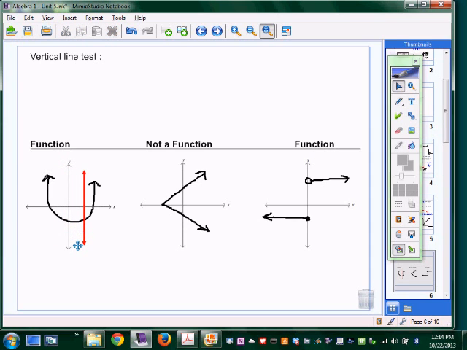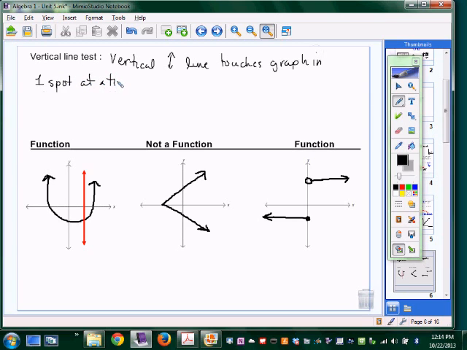Right? So if a vertical line, straight up and down, what about the one on the end though? We'll talk about that one in just a second.